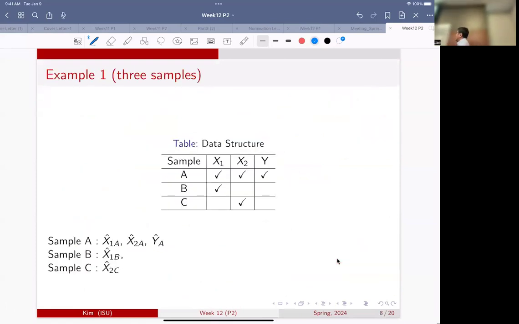So now let's use this idea further and generalize it, right? Something like this.